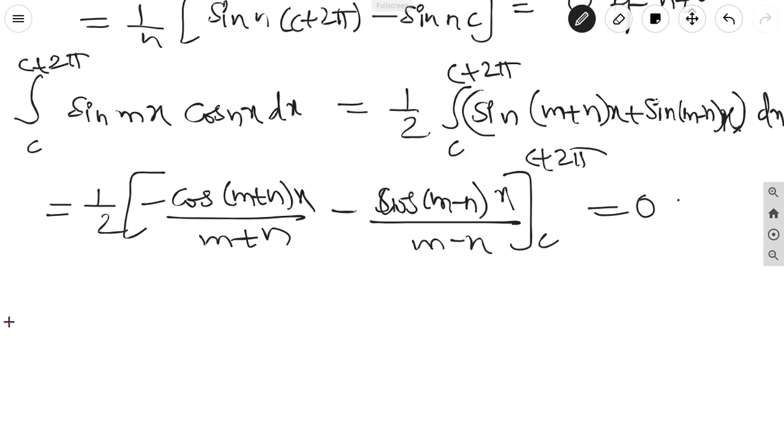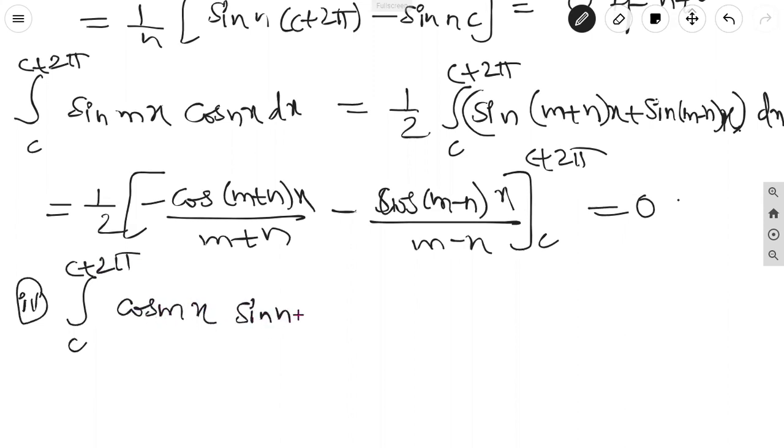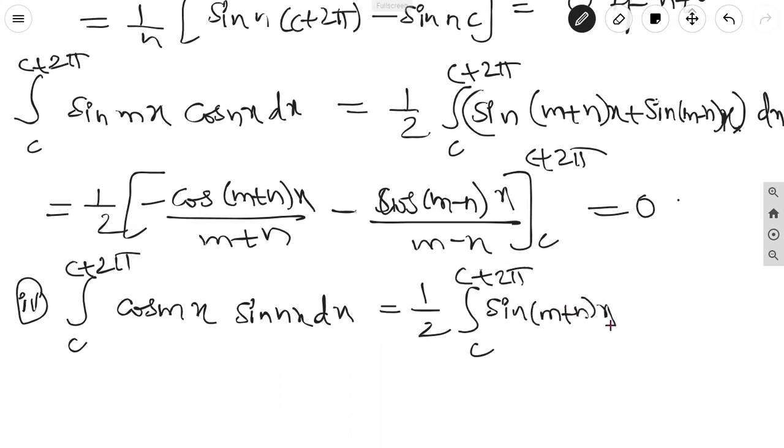The fourth one, integral c to c plus 2 pi cos mx sin nx dx. Cos a sin b form is equal to 1 by 2 integral c to c plus 2 pi of sin of m plus n x, that is a plus b, minus sin of a minus b.